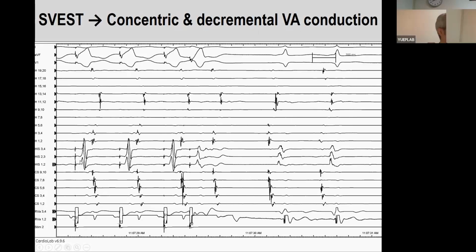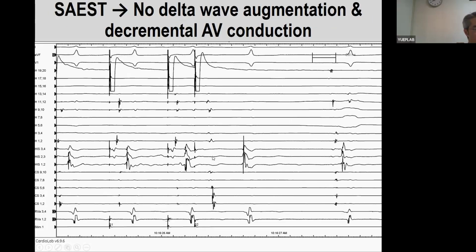We conducted a V study. VA conduction is concentric and decremental. We conducted an A study. No delta wave augmentation during A pacing. Okay, compare the sinus rhythm delta wave and the delta wave after A pacing.